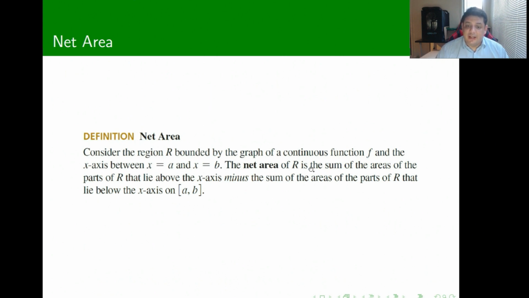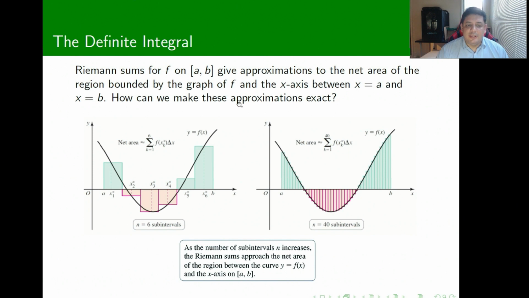The net area of the region R is going to be the sum of the areas of the parts where R lies above the x-axis minus the sum of the areas of the parts that lie below the x-axis. Okay, so the general idea for that is exactly what we've been doing before.